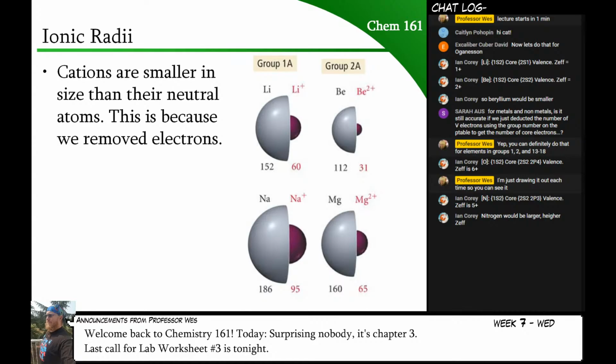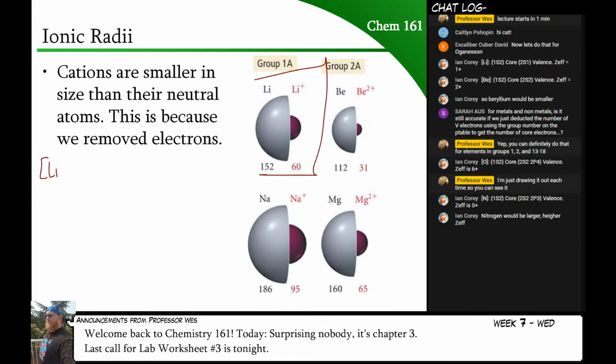Alright, we're back. So what do we got next? We are going to talk about ions and how their Z effective can be used to calculate how big they are. Now, if I am looking at lithium, for example, let's look at these numbers right here.